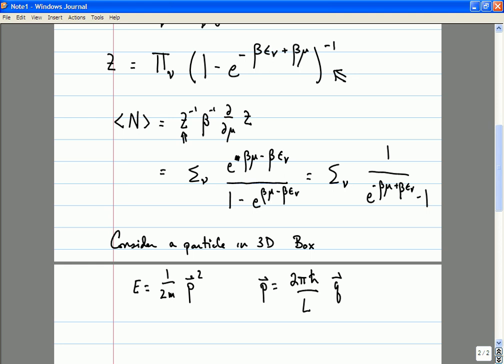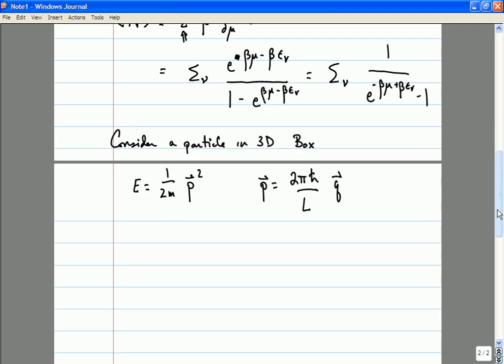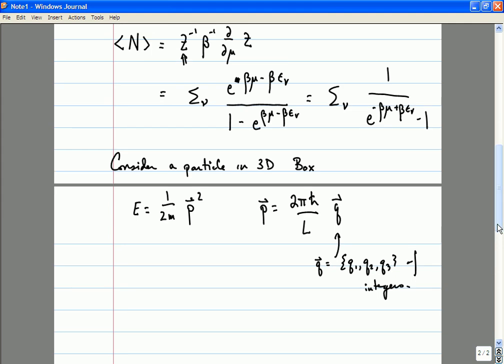But you already know, presumably, that if you have particles in a periodic box, then the momenta are quantized in units of 1 over L, where these q's here are some vector q1, q2, q3 of integers. And then the allowed particle states, nu, are given by triplets of 3 integers q1, q2, and q3.